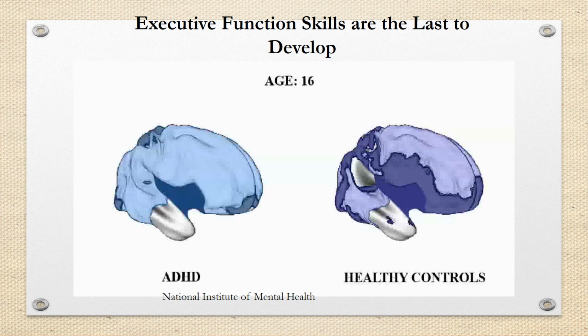I think it's interesting to note that as kids mature, about 30% of kids will actually catch up by age 30 when the executive functions do fully mature, but that leaves 70% of kids who continue to experience symptoms.